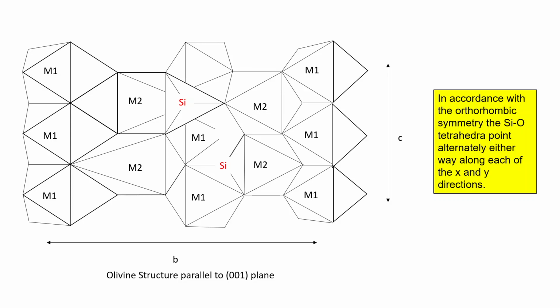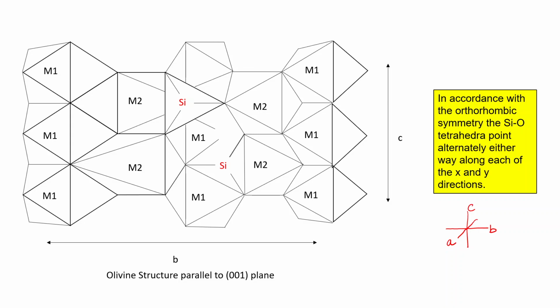So once we look at the 001 plane, what does this mean? This is an orthorhombic system in which all the three axes are perpendicular to each other, but they are not equal to each other. So A is not equal to B, is not equal to C, but alpha, beta and gamma, all three angles are 90 degree.